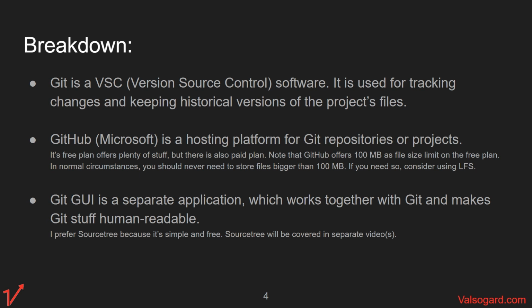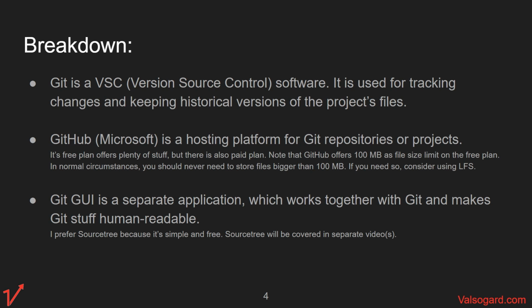Alright, proceeding. Let's go through the breakdown. What is Git, what is GitHub, and what is Git GUI? Git is a version source control software. It is used for tracking changes and keeping historical versions of the project's files. So it's like a manager of your files, a piece of software that deals with all the files and repositories and project files overall. GitHub, which is owned by Microsoft, by the way, is a hosting platform for Git repositories or projects. GitHub's free plan offers plenty of stuff, but there is also a paid plan.